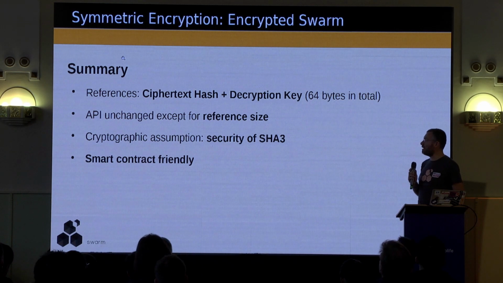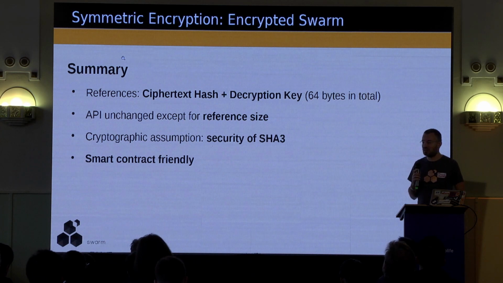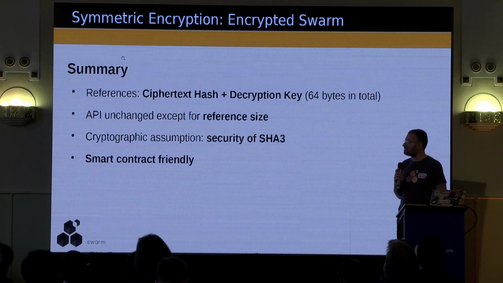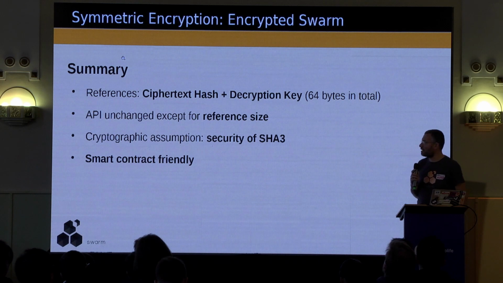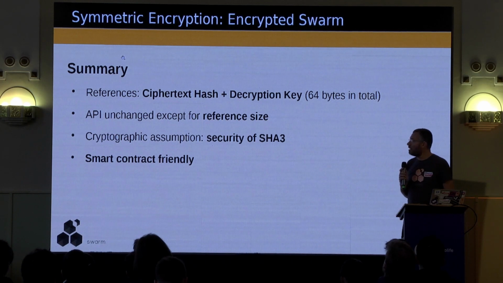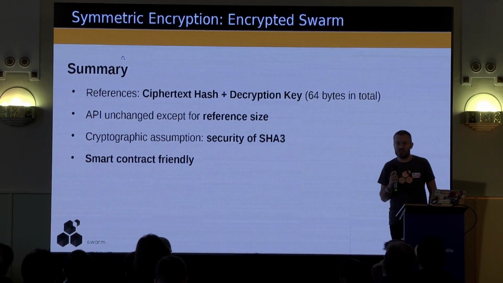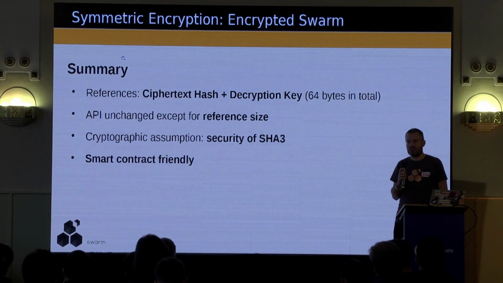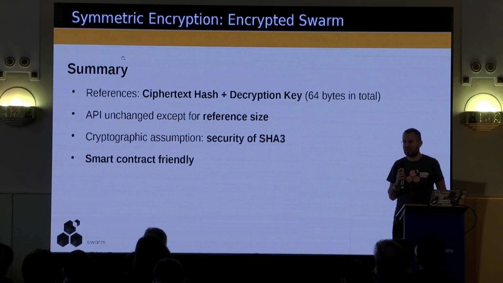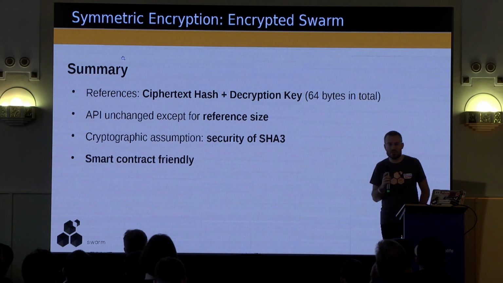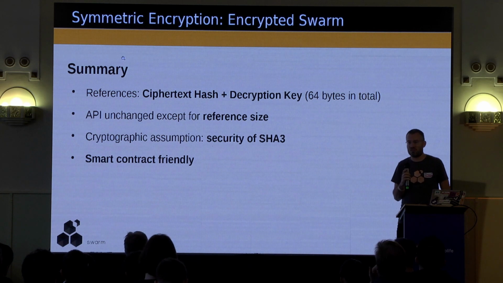The only difference is that the references got longer, so now they consist of the ciphertext hash and the decryption key. The API is not changed. So the encrypted Swarm API is exactly the same as the unencrypted Swarm API, it's just that the references got longer.